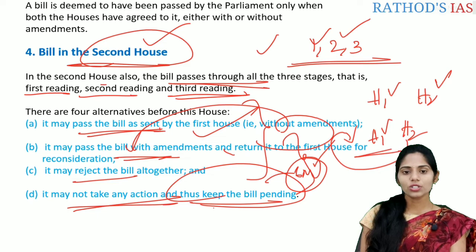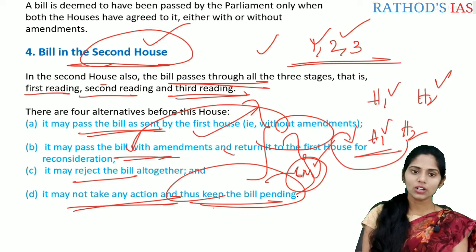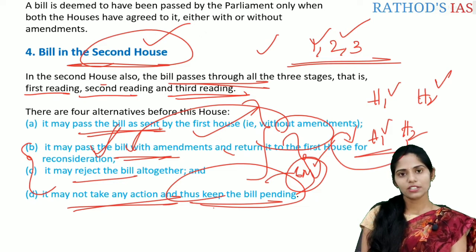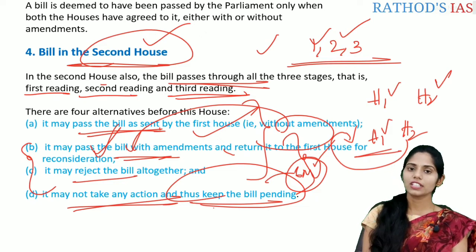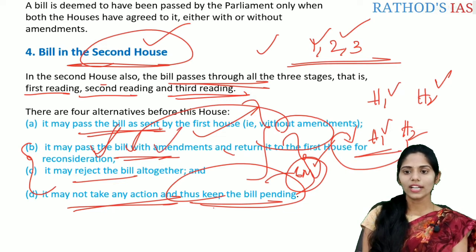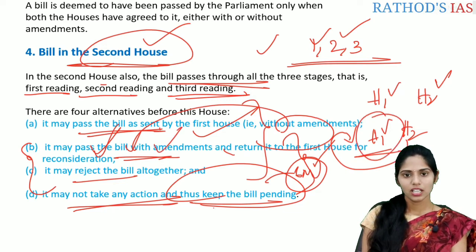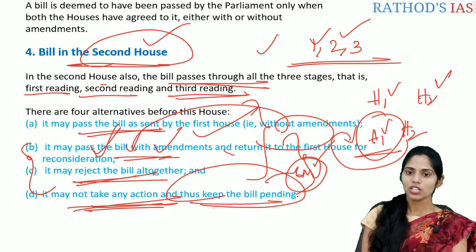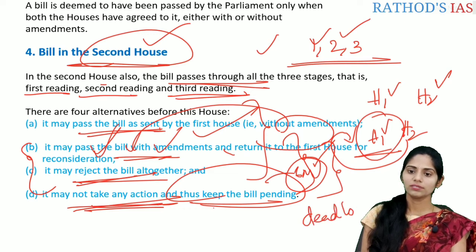One thing that you should remember is, whenever the bill is sent back to the first House with some considerations or amendments, and those are not accepted by House 1, or the second House rejects the bill, or it does not take any action and thus the bill is kept pending in the second House, in these conditions we can say there is a deadlock.